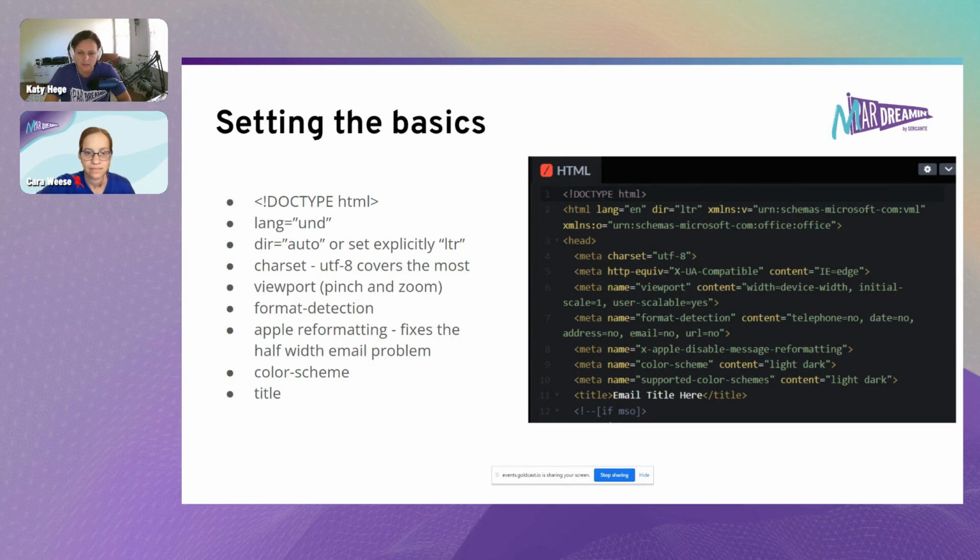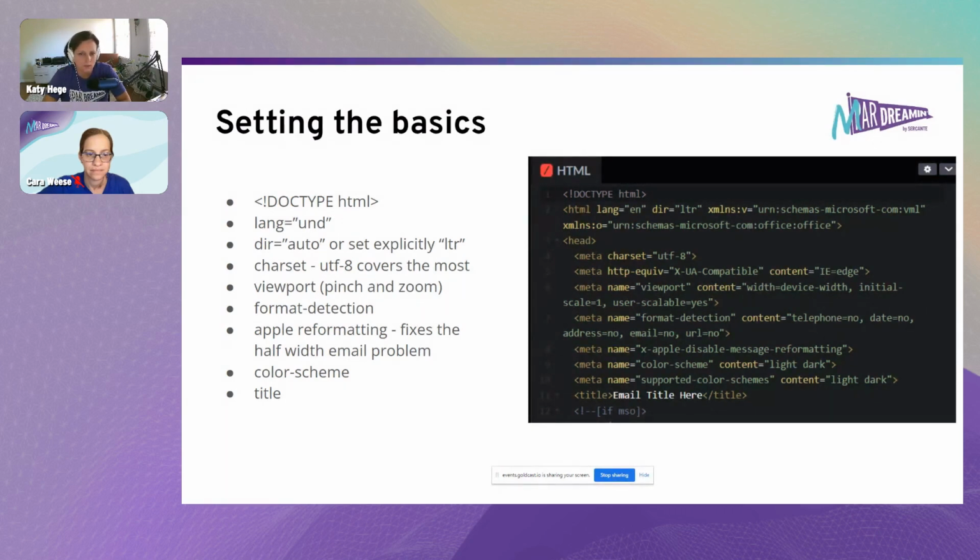The char set. The char set sets the character encoding standard, which can limit the characters that are used. UTF-8, I feel like, is the most encompassing, and it covers the most characters and symbols throughout the world. The viewport width will give the browser and email client instructions on how to control the page's dimensions and scaling.